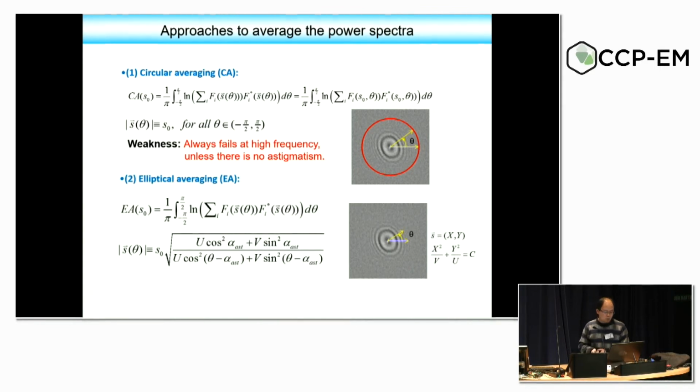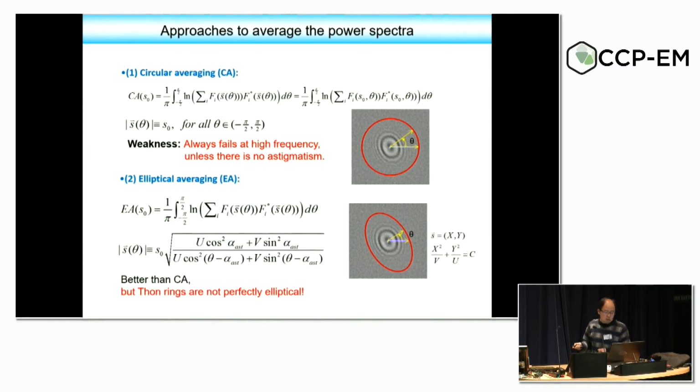And a better approach is called elliptical averaging. That means you consider the astigmatism and average across this elliptic contour, rather than a circular contour.